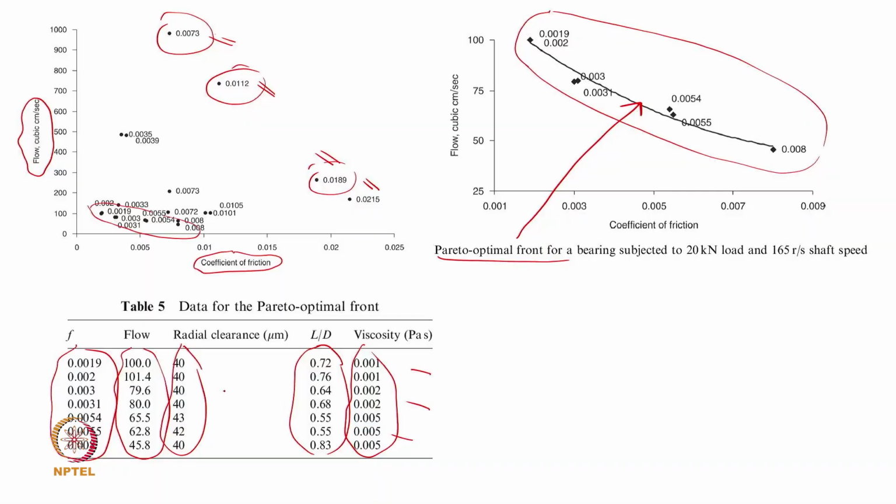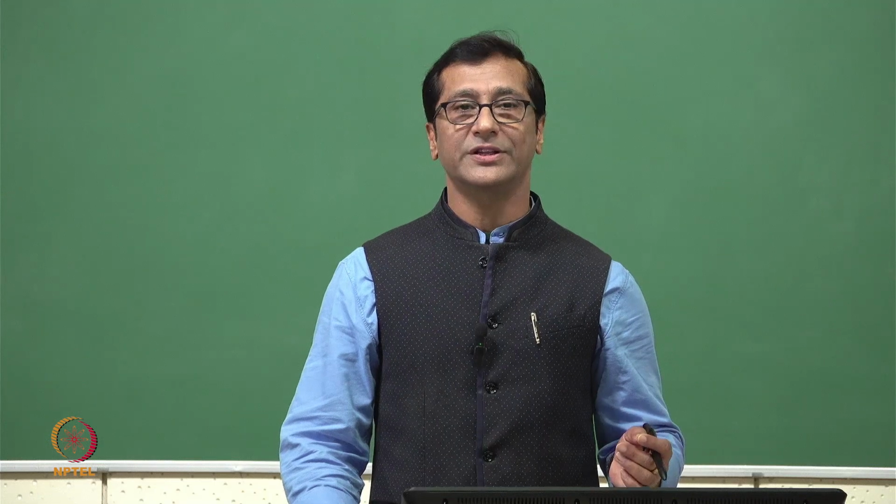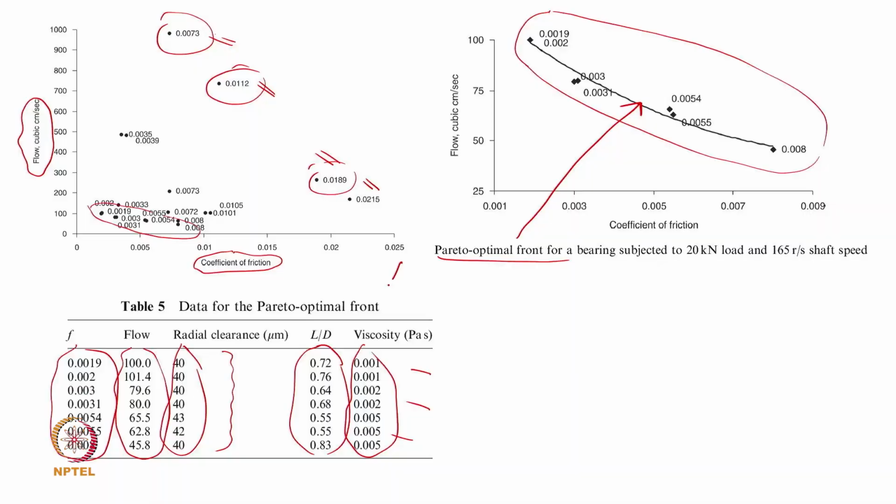Radial clearance also we are keeping something like 40, 42, 43, and we know that there is a statistical variation itself. If I want to maintain a 40 micron radial clearance when the bearing is manufactured, quite possibly plus or minus 2 will come. That means if I choose 42 micron clearance here, it will go plus or minus 2. Naturally, then it can be 40 to 44.